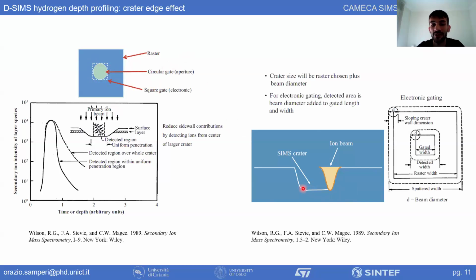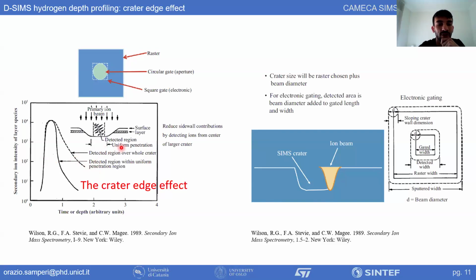When you start losing this condition, when the analyzed region starts covering the walls of the crater, you can experience this effect here. It's like a tailing of the profile, the dashed line. This is what is called the crater edge effect.